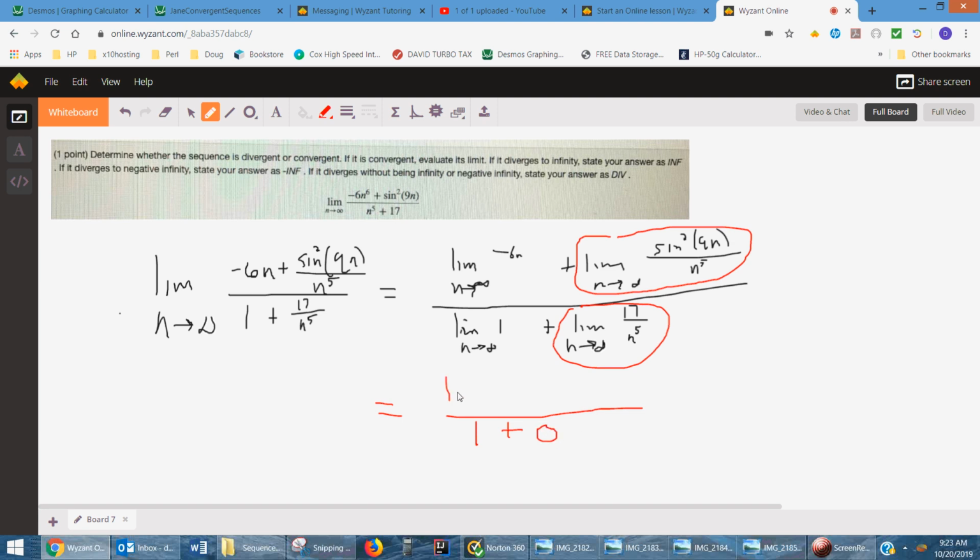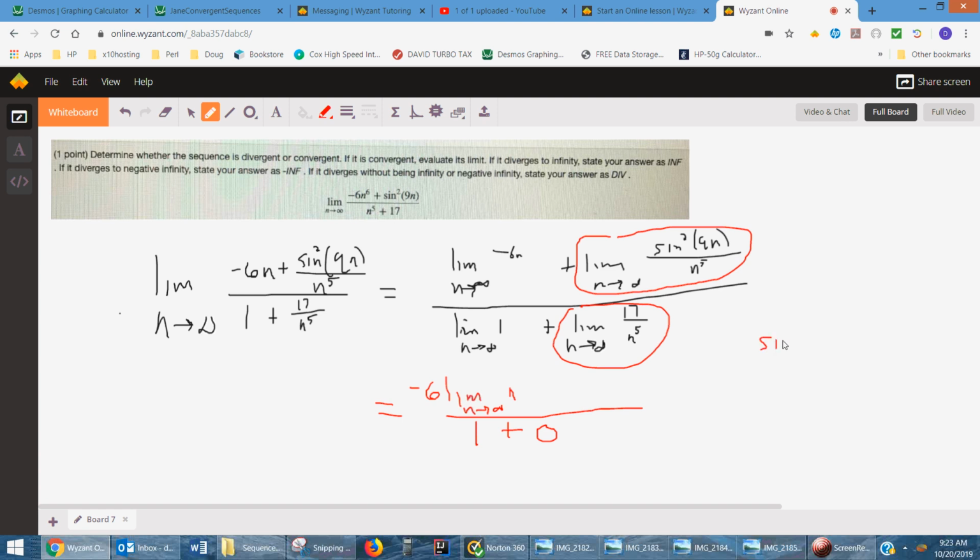We still have the limit as n approaches infinity of, well, I can put the negative 6 out front if I want. And what's the limit of this thing? Well, I can find that limit using the sandwich theorem.